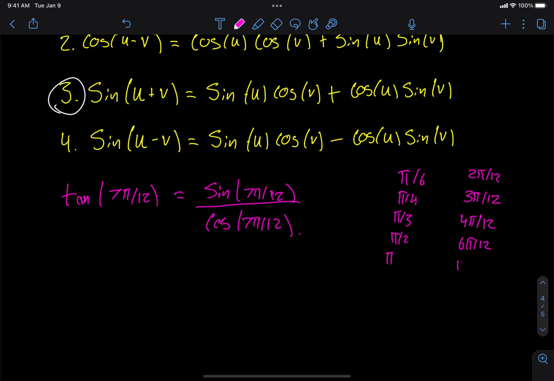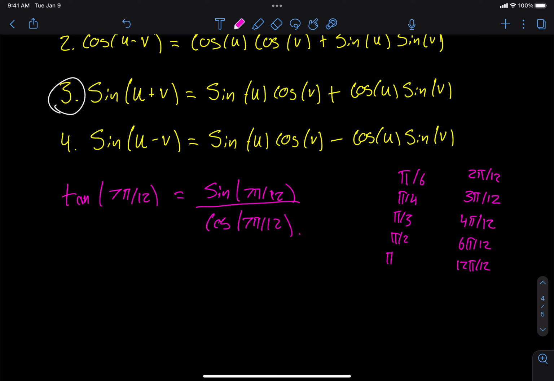And pi can be written as 12 pi over 12. So any of these that I can add together or subtract in order to get 7 pi over 12, yeah, pi over 4 and pi over 3, or 3 pi over 12 and 4 pi over 12. If I added those together, I would get 7 pi over 12.